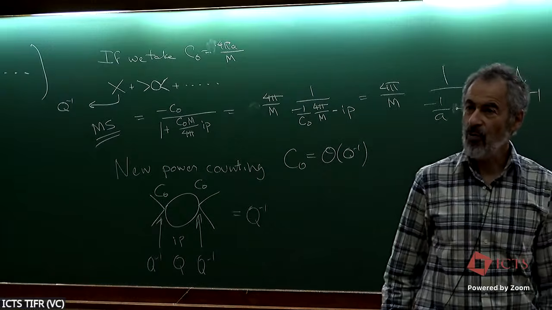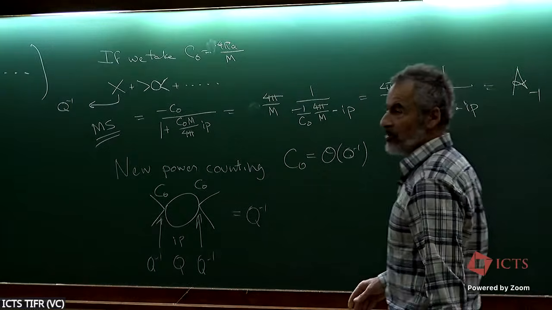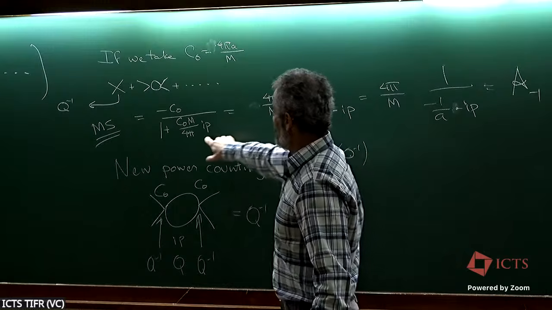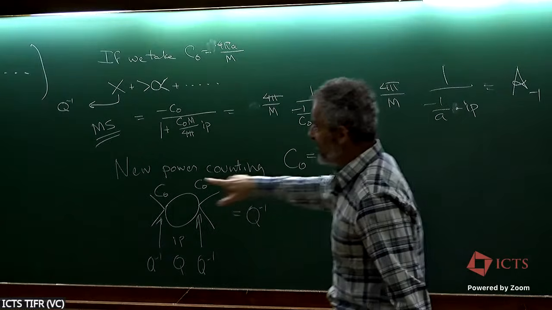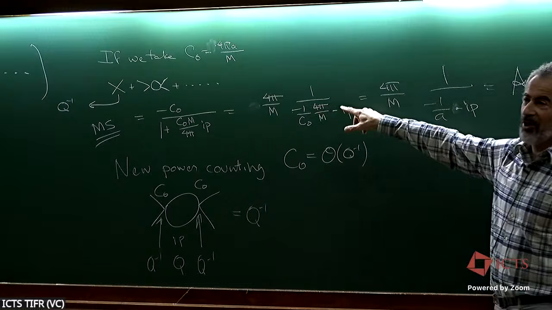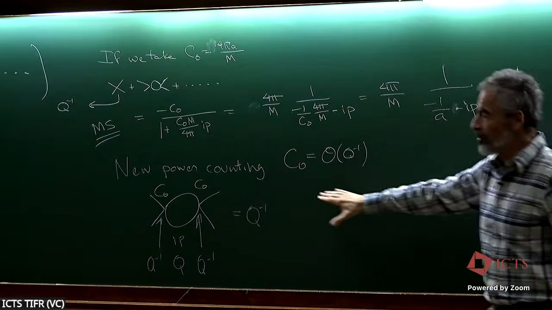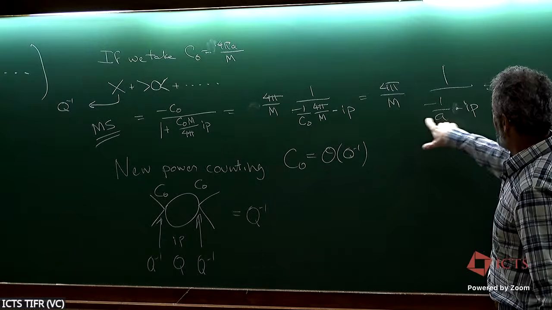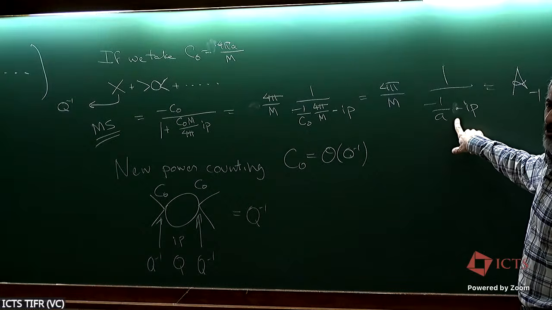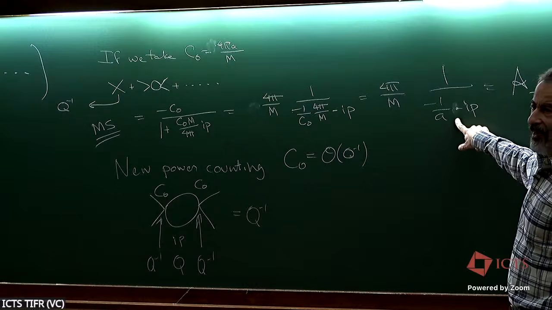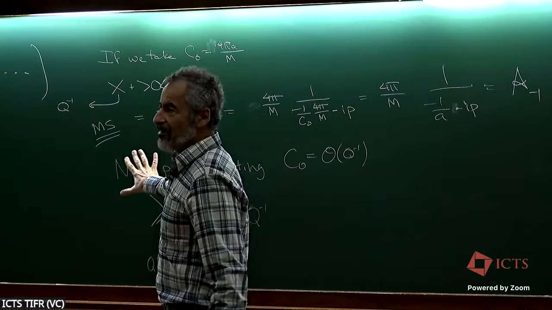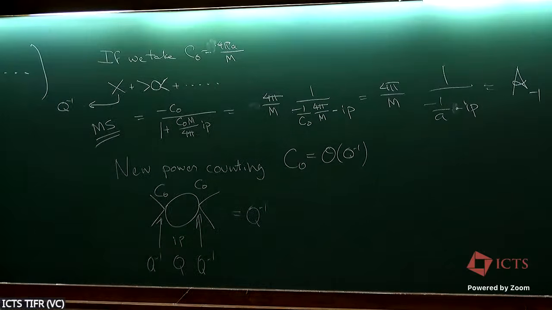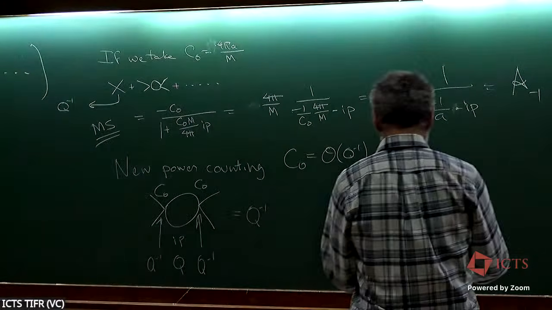And so if you want to sum up all the diagrams that are order Q to the minus 1, you have to sum this entire bubble chain, and you get the leading term here, which, because it's not perturbative in the coupling constant, it is perturbative in a Q over lambda expansion, because we're just doing the Q over lambda expansion. The leading term, A minus 1, can have a pole. And so you can have a deuteron. And so this new power counting scheme allows us to define a set of graphs which can do this type of expansion. So let's now go to the next order.